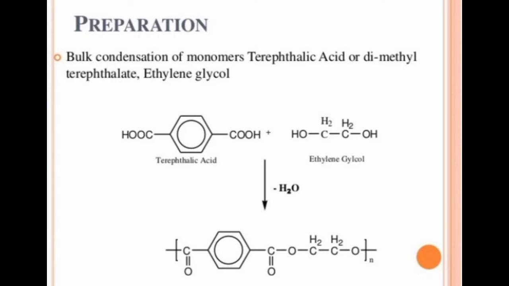That means you have to join the two parts that are obtained after removal of the two OH groups and the two hydrogens from the two OH of ethylene glycol. By joining these two parts, you get CO, aromatic ring, COO, CH2CH2O, to the base n. This is the polyester PET polymer.